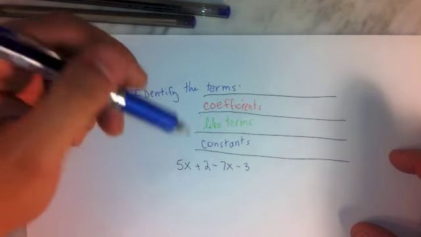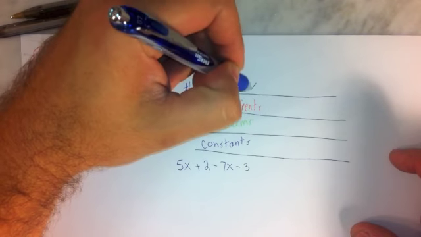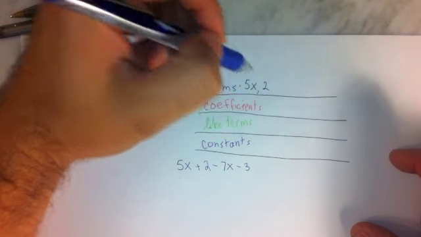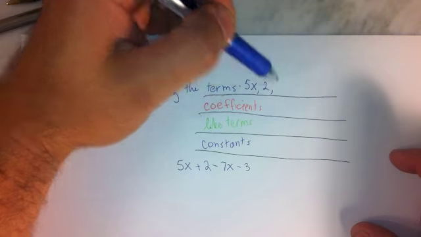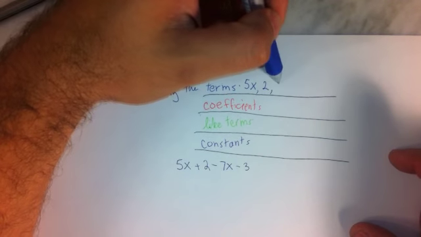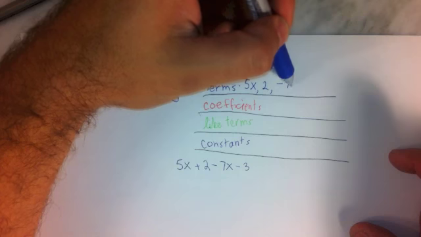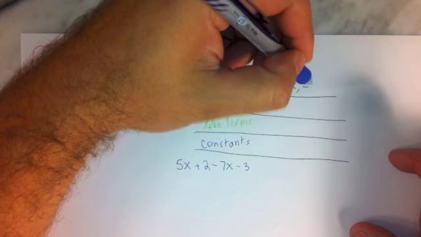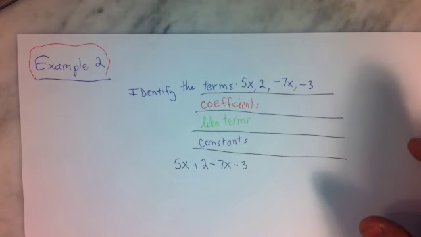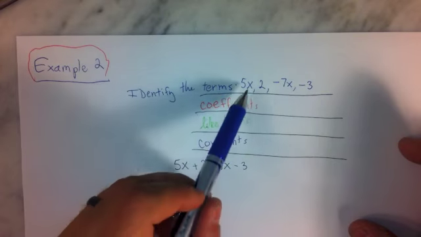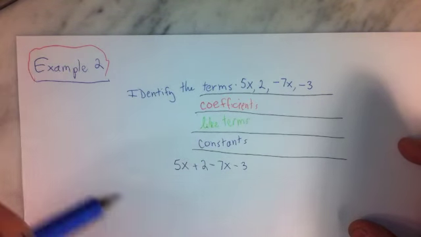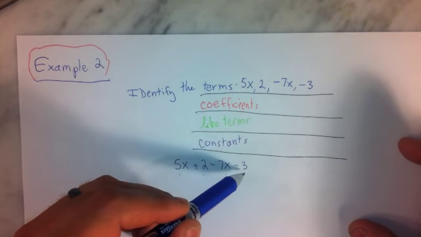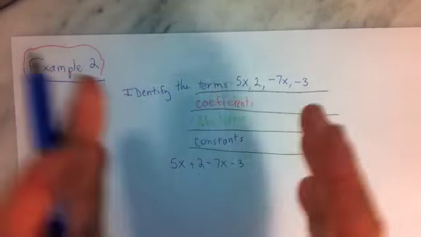Our terms are 5x, comma, 2, comma, negative 7x, comma, negative 3. So if you can see right here, we have 1, 2, 3, 4 terms, and you can go back down and check right here. 1, 2, 3, 4 things being added together.